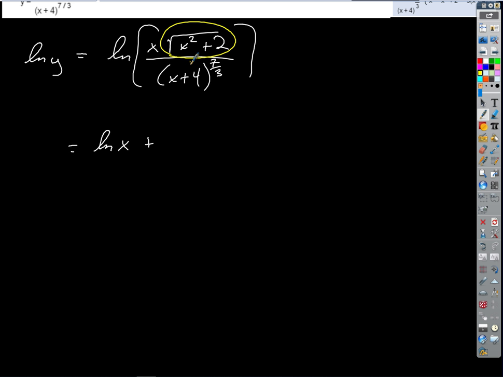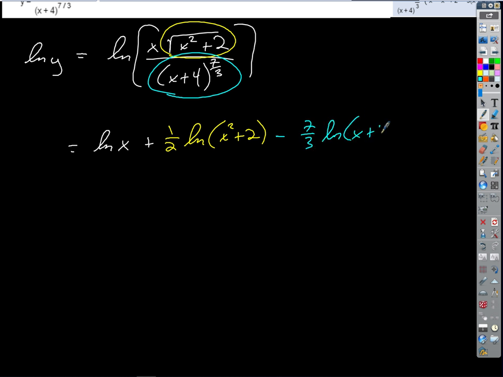Square root is the same as what power? Okay, so I got 1/2 log of x squared plus 2, right? And then minus, everybody agree, 7/3 natural log of x plus 4? That's just log y.